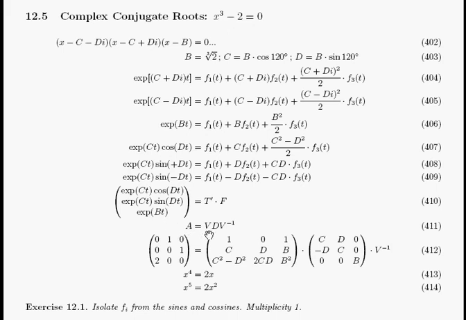And here is the example of diagonalization. C minus d, dc is a complex pair, and b is a real eigenvalue. So three eigenvectors and inverted matrix, and simply x4 is to x, x5 is to x2.